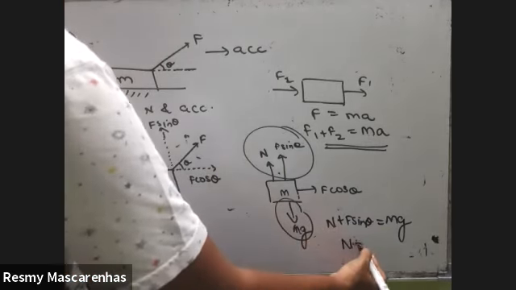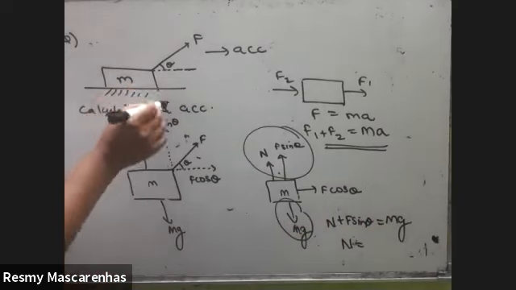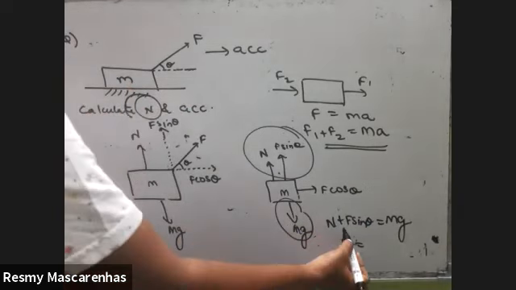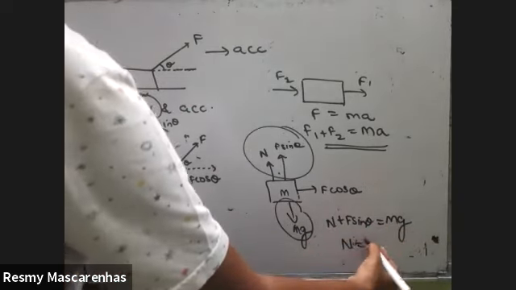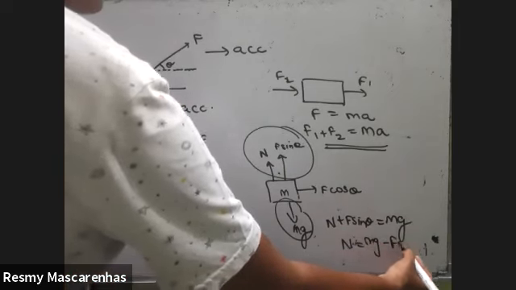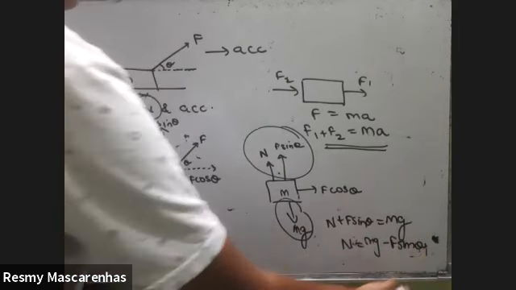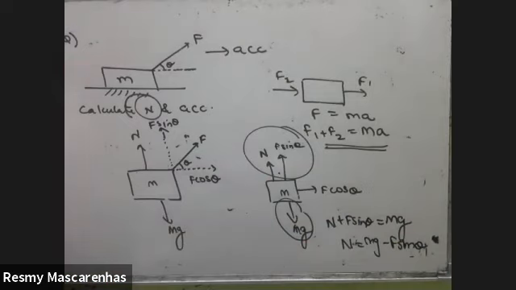So what will be your normal? I want to calculate N. N will be nothing but taking the remaining term to the other side. So this will be your answer: mg minus F sin theta.